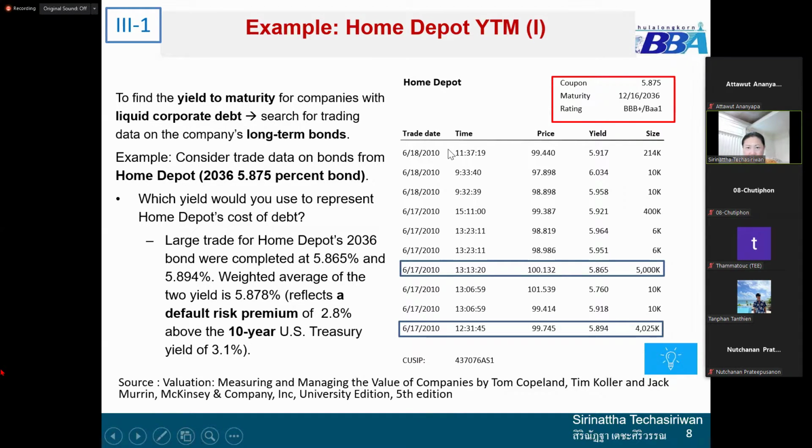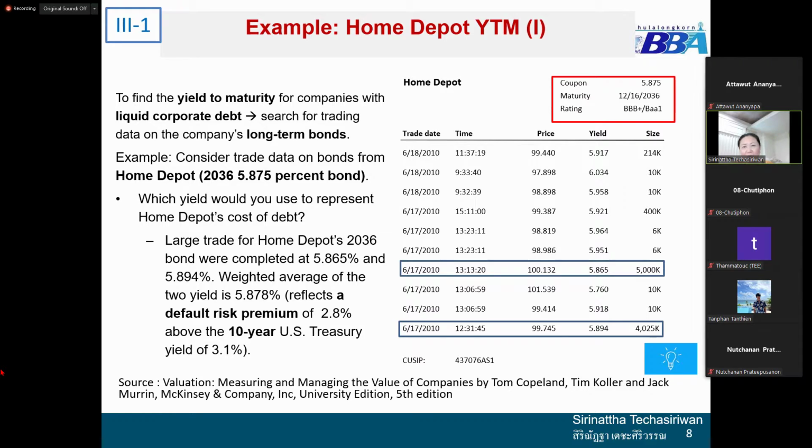And these are the transactions. Here they disclose the price and the yield, right? But you can see that different transactions have different yields. So now the problem is what yield you are going to use as a cost of debt, right?